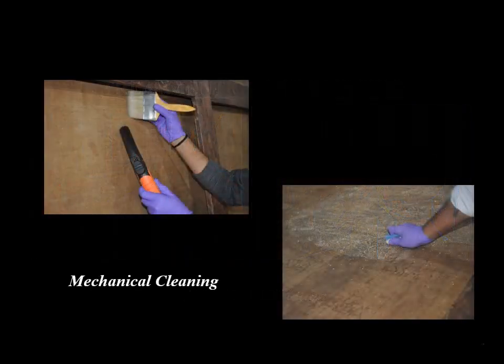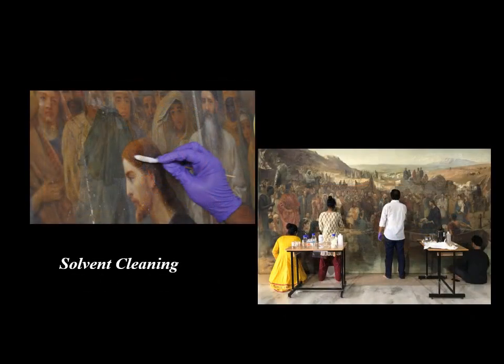To remove the encrusted layer of dirt, mechanical cleaning was done from the back side of the painting only. After that, solvent cleaning was done with hydrocarbons to remove the previous interventions and to minimize the white stains present all over the painting.